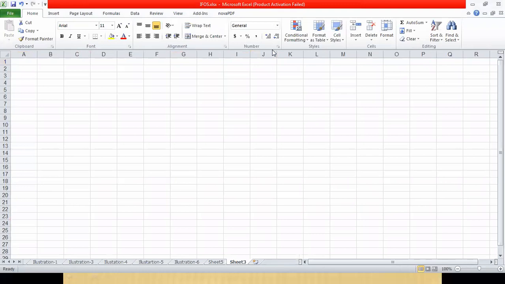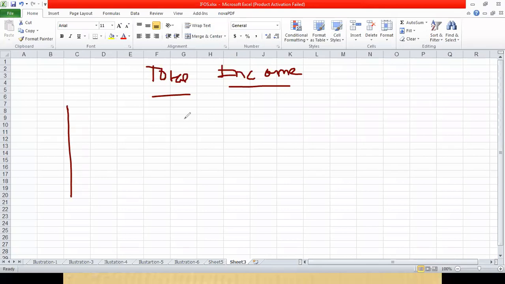See, in a practical situation, how will total income be calculated? How do we calculate the total income of an assessee? We will divide the income into 5 heads.